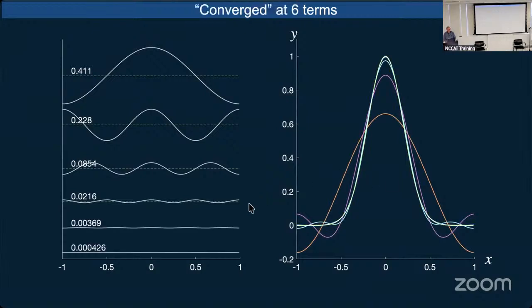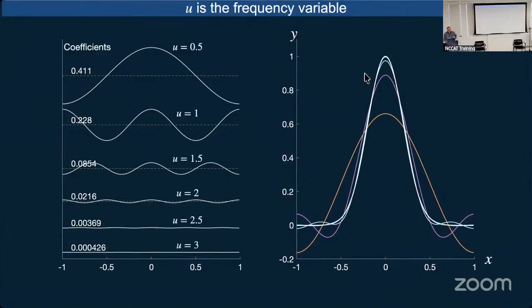So here I've added together, what is it, 6 cosine waves of various frequencies, and once I've added them together, I get this white curve, which is indistinguishable from the original function that I had. So I would say that these 6 terms are at different spatial frequencies. I'll use u here as the spatial frequency variable.